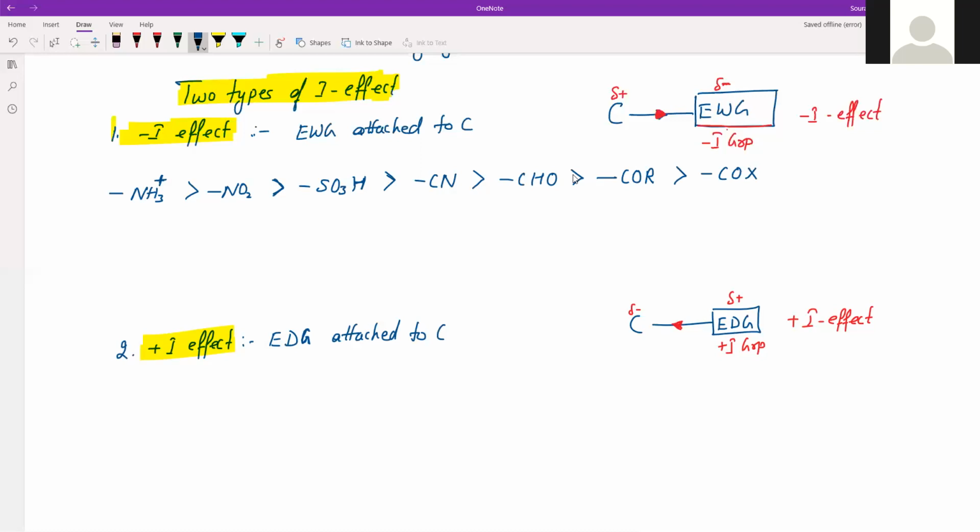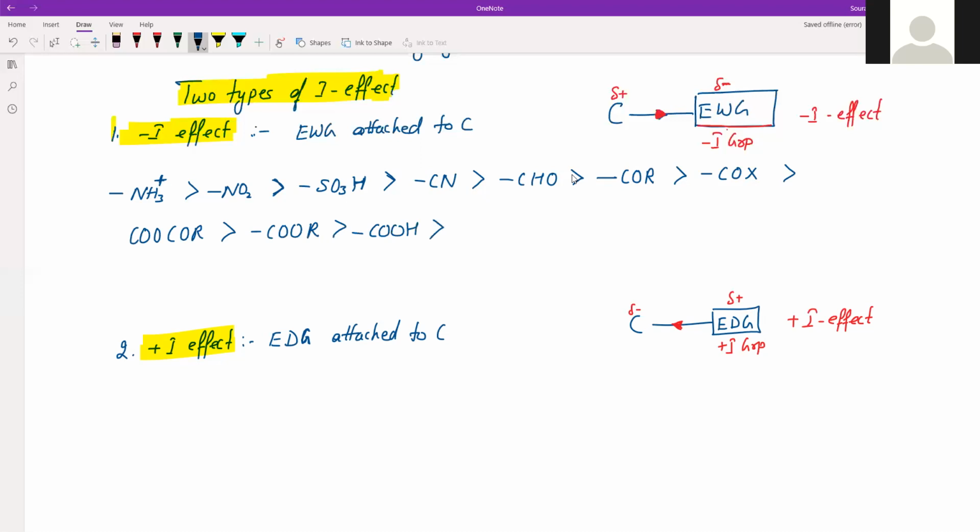COX. That COX will be greater than, yeah, it's ether. Then COX will be greater than COOR, which will be greater than COOH.